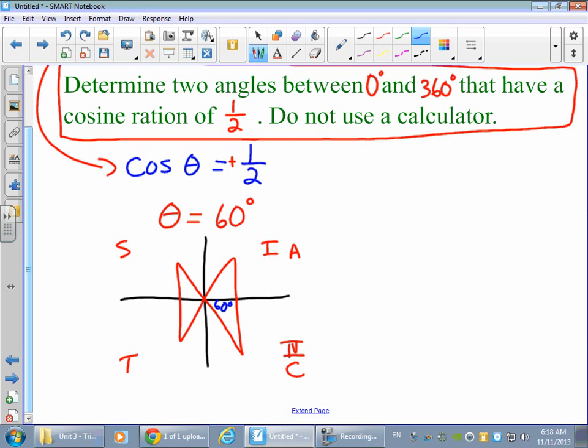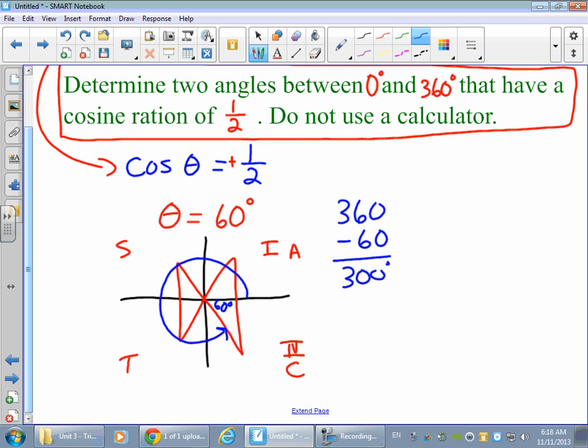Because I want my angle to be between 0 and 360, I can start here and rotate around until I get to this terminal arm. There's 60 degrees that's not been used up. That means there are 360 minus 60, 300 degrees in the angle that I'm looking for.